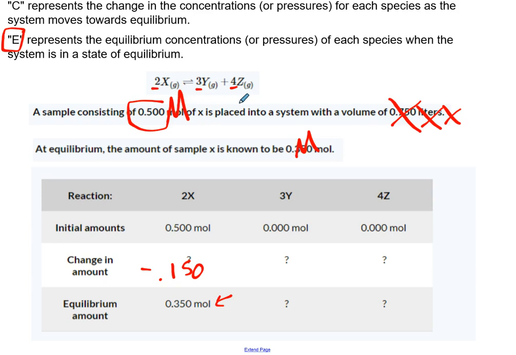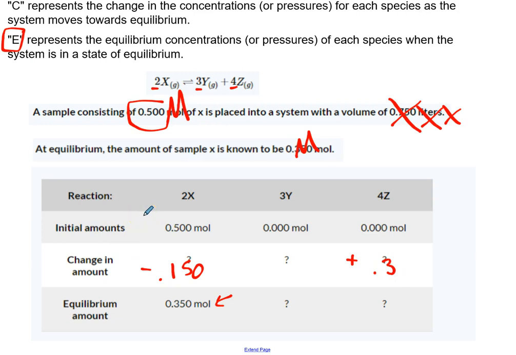This is 2. That's a 4. So Z changes twice as much as X. Are you okay with that? My change will be 2 times the value of X's change, because from 2 to 4, that's twice as much. So the change here is a positive, and I'll tell you why in a second, 0.3.